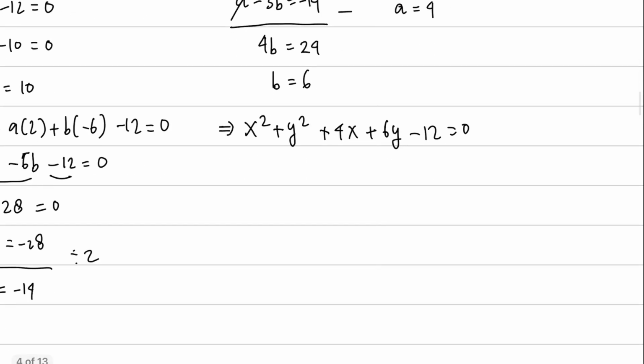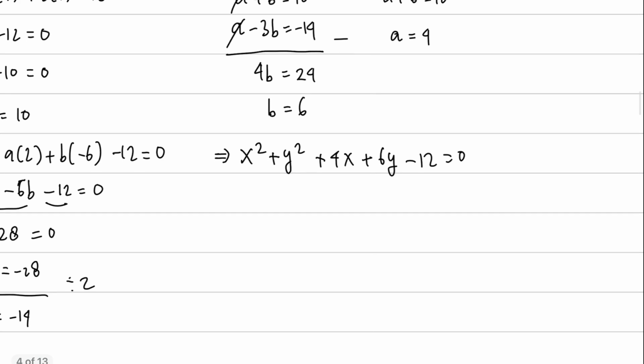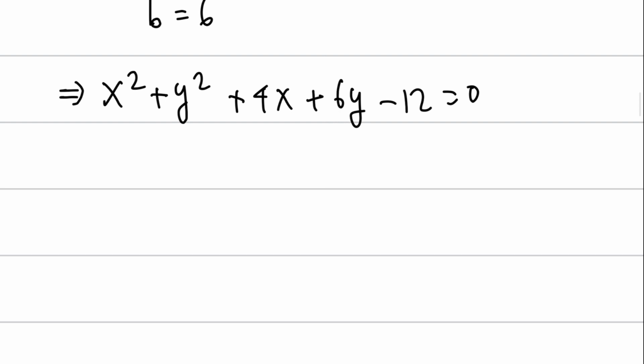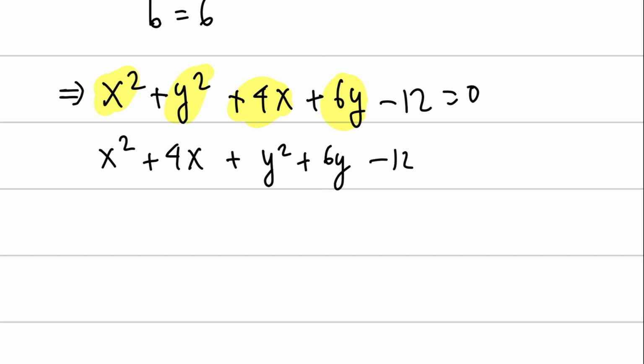Now, from here, to find the center, you need to do completing the square. Because we have x and y, let's collect the x terms together. We have x squared plus 4x, and then plus y squared plus 6y, and we just have a constant here, equals 0.